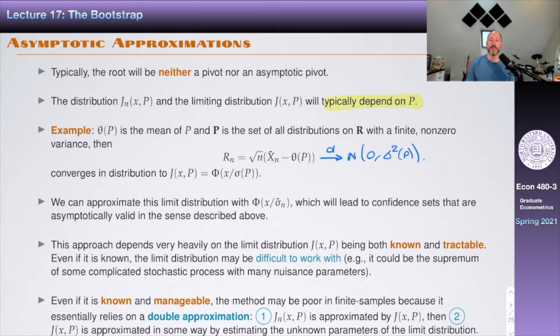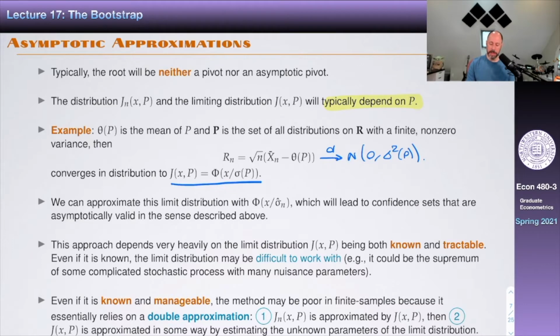The finite sample distribution of the root depends on P. The limiting distribution also depends on P through sigma squared P. And so you can write it like this: J(x, P) is just the standard normal CDF of x divided by sigma P. So the fact that you don't have an asymptotic pivot doesn't mean that you cannot use this result.